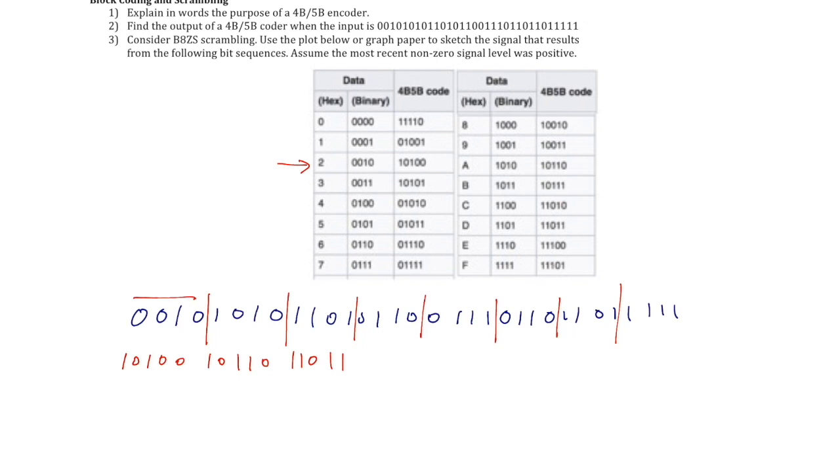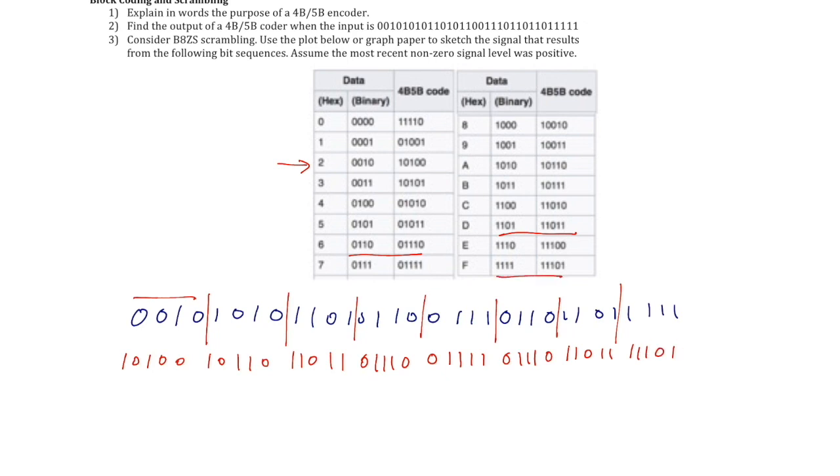The next one, 0110, gives me a 0, 3 ones and 0 here. 0110 again gives 0, 3 ones and a 0. And 1101 gives me 11011, and all ones gives me 11101.